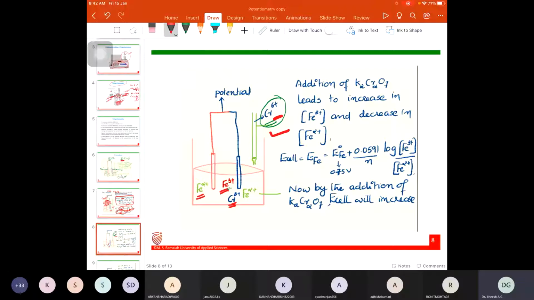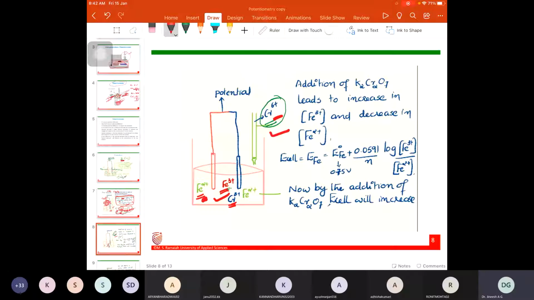Whether chromium ion in the solution can generate any potential? No. Why? Because chromium is present in a very small quantity, and once it reacts with ferrous ion, there is only Cr3+. Only one type of chromium ion is present in the solution. Only one type of ion will not generate any potential.